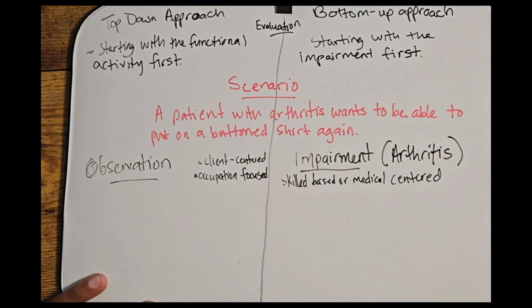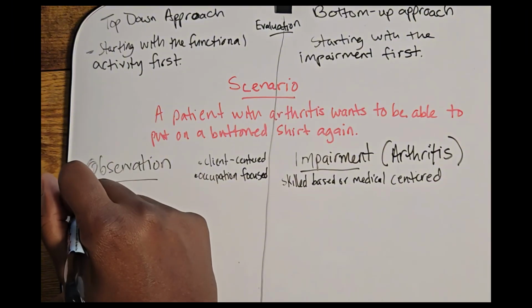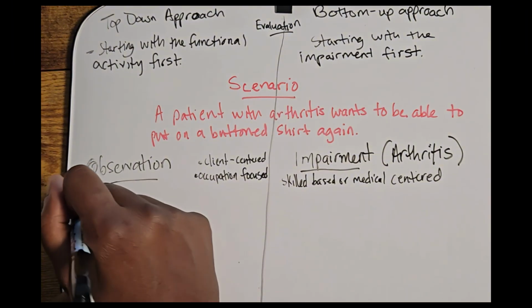So when we're looking at the activity in a top-down approach, our focus and our goal for this patient is to help them be able to dress independently. That's going to look like, let's say, the goal.